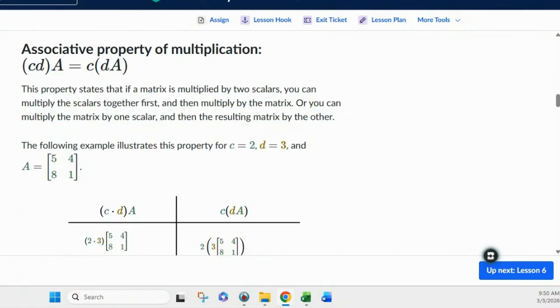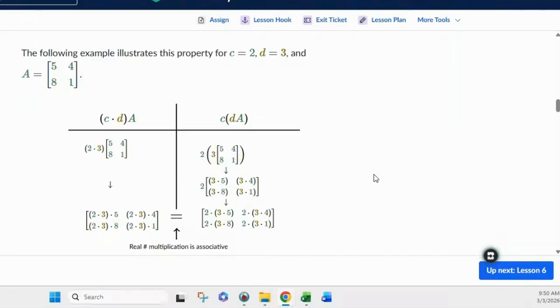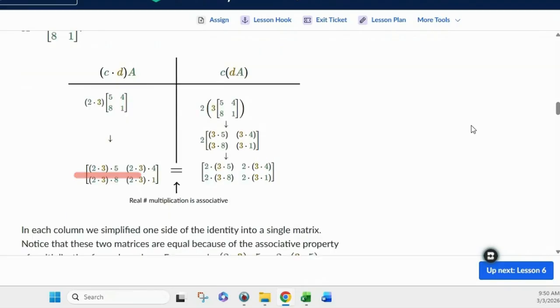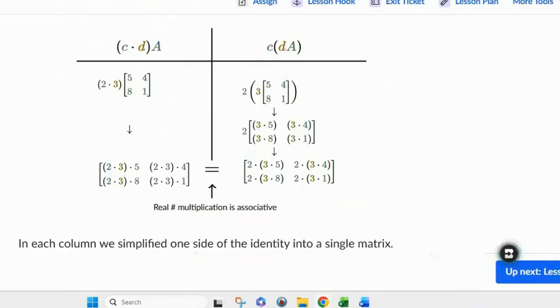The associative property. If we are multiplying two scalars, look, we've got C equals 2 and D equals 3, right? So we've got a matrix A. We can multiply the 2 times 3 together first and then multiply it by the matrix, which would be 6 times 5.